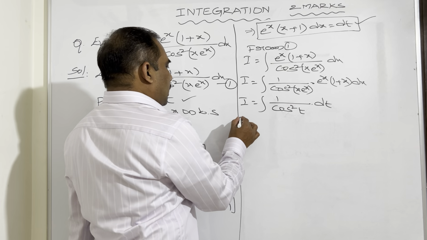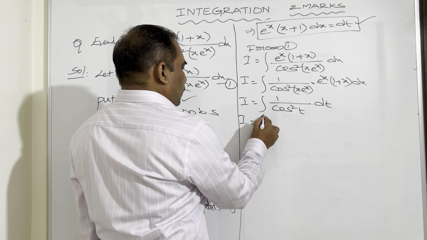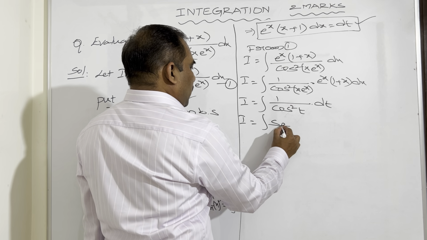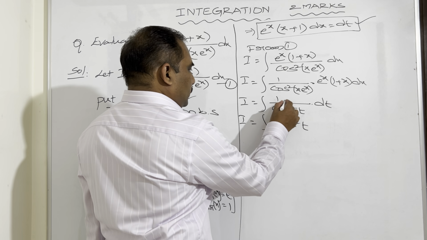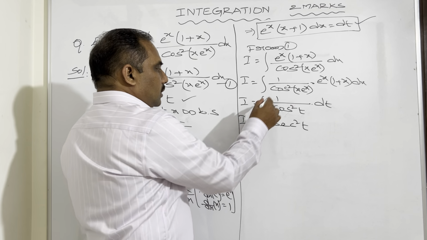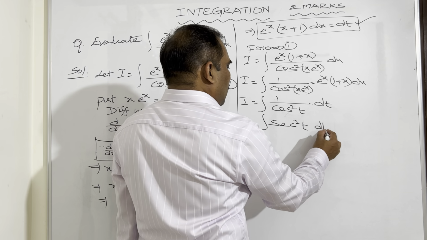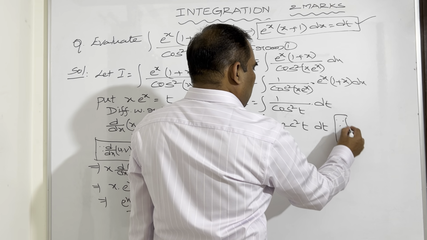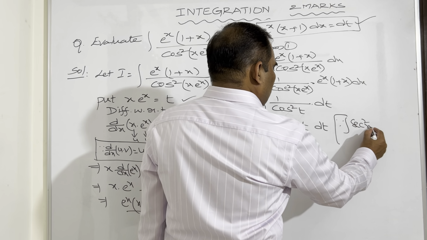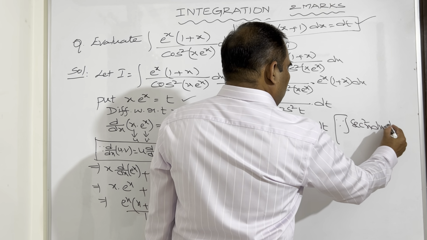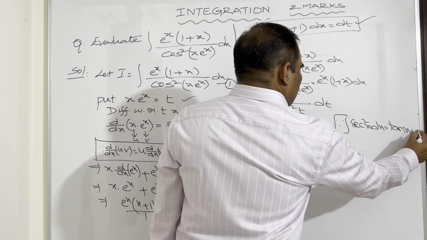So now clearly I is equal to the integral of secant square t dt, since 1 by cos is nothing but secant. We know the integral of secant square x dx is tan x plus c.